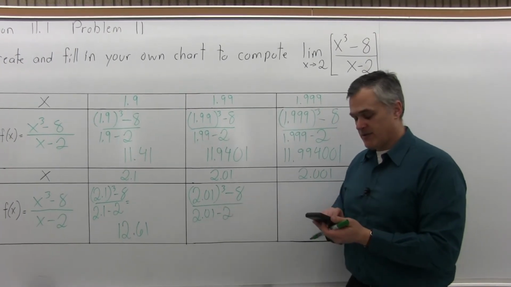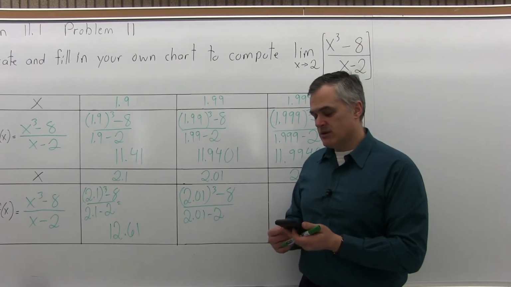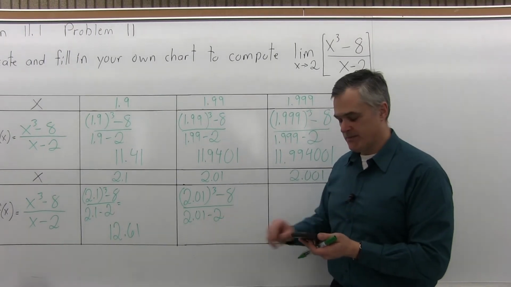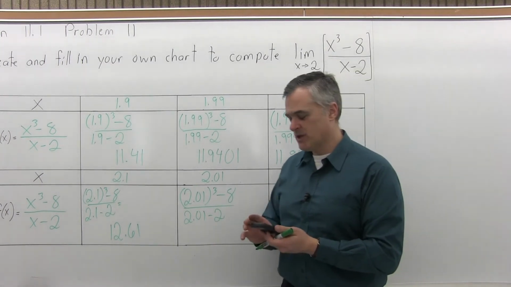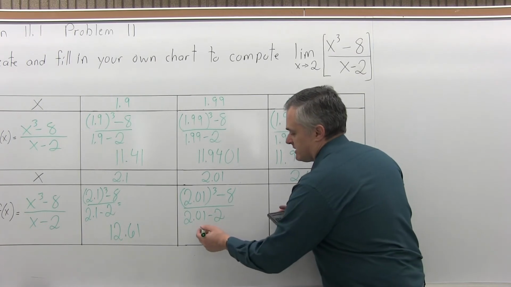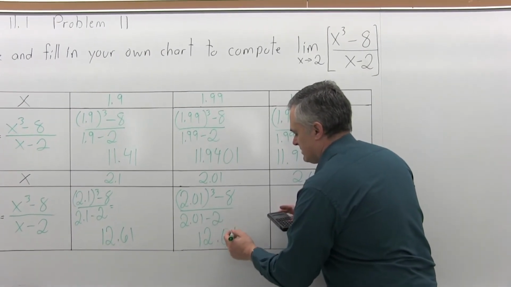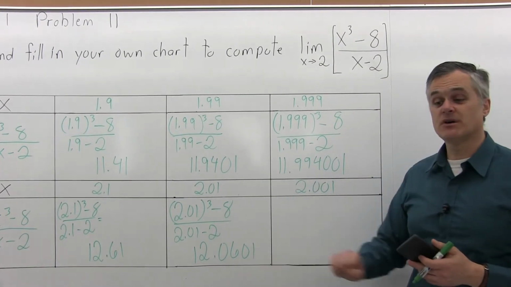So I'm going to subtract 8 from the answer I got. I get 0.120601. I'm going to divide that by the denominator, which comes out to 0.01, after I do the subtraction. And the final result in this box is 12.0601. That's pretty close to 12.